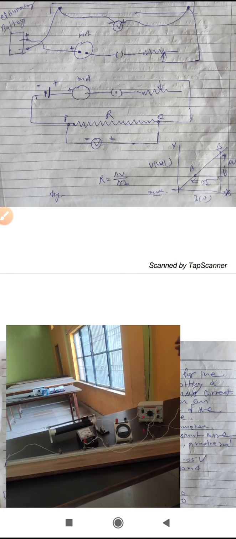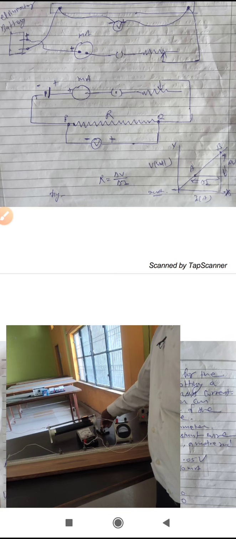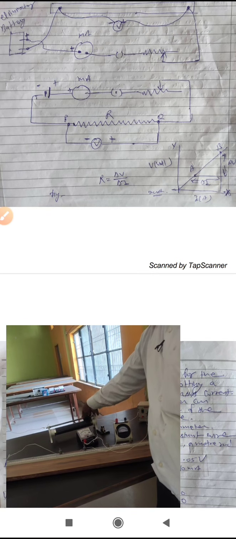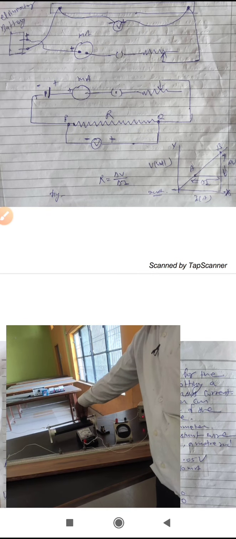So that is the circuit arrangement. When we switch on the battery eliminator and select the voltage 2 volt, with the help of the variable resistor we can vary the current in the circuit.